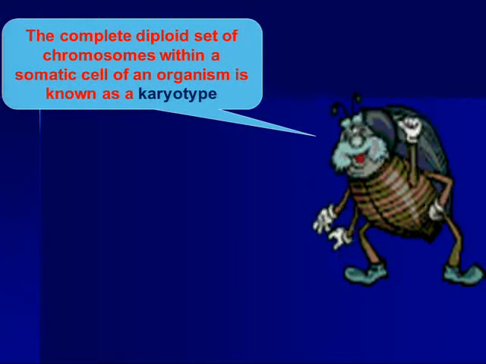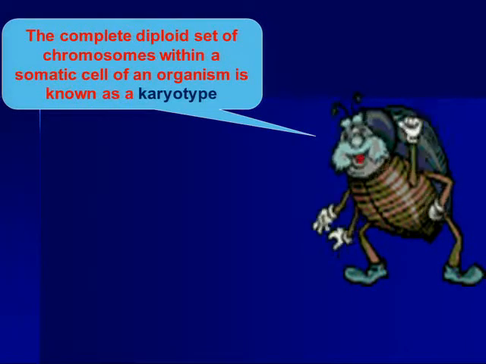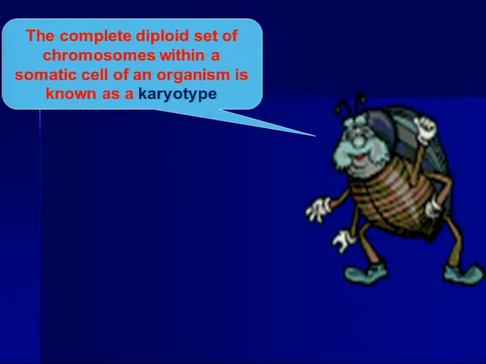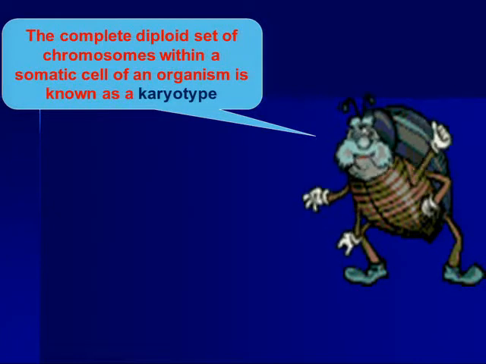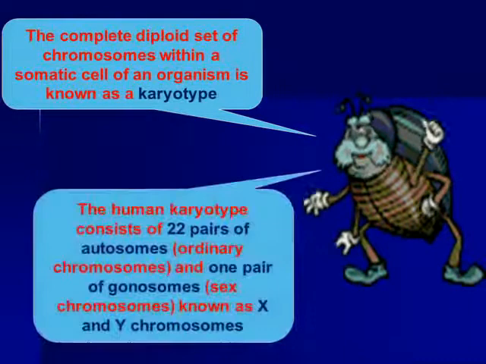If we talk of a complete diploid set of chromosomes in the somatic cell or the body cell of the organism, we talk of the karyotype. Now, you've done karyotypes before in more than one of the chapters. I'm just covering it very quickly.